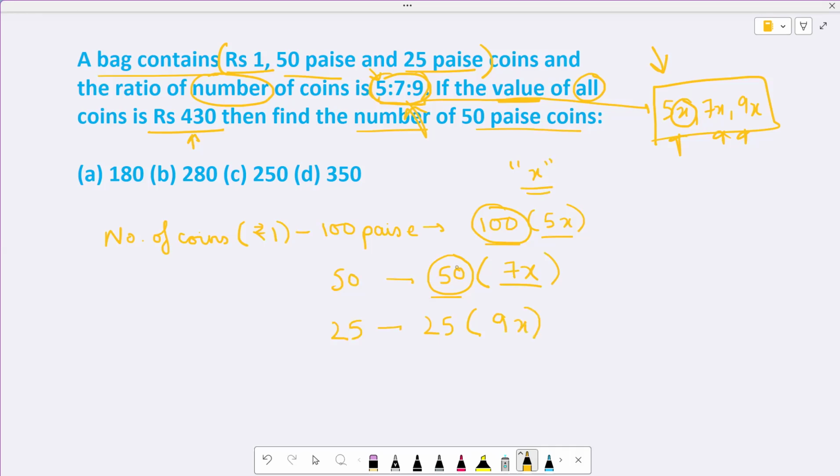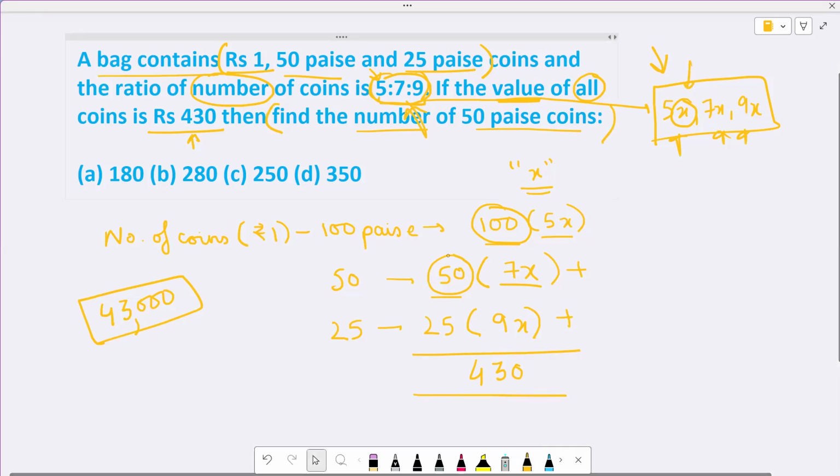Now what we know is that if we add all these, then we will get the actual amount, which will be equal to 430 rupees or 43,000 paise, right? So the final thing that they're asking is the number of 50 paise coins that we can find out if we know the value of x. That is a simple question.